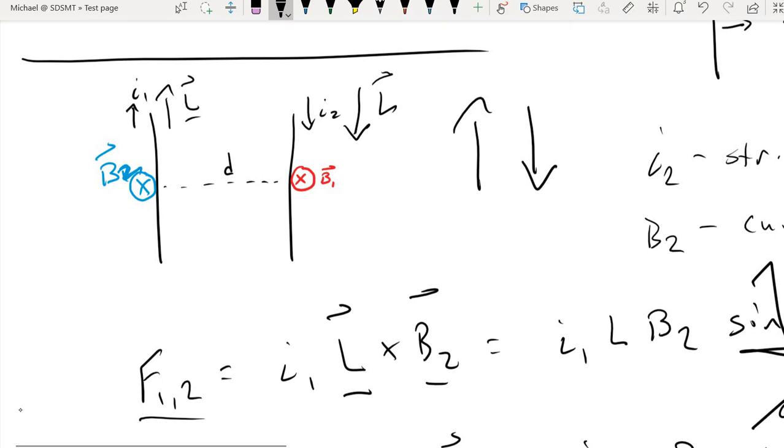The second vector is B2. B2 is pointing into the board. The first vector is the index finger, so we point our finger up in the direction of L. Our middle finger, B2, points into the page. Our thumb thus has to point to the left.